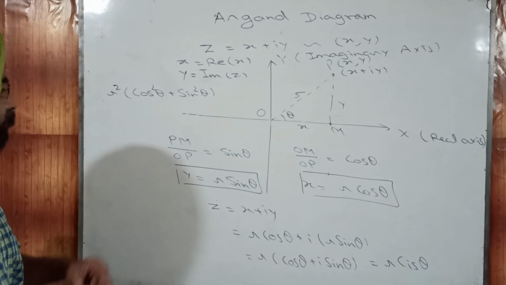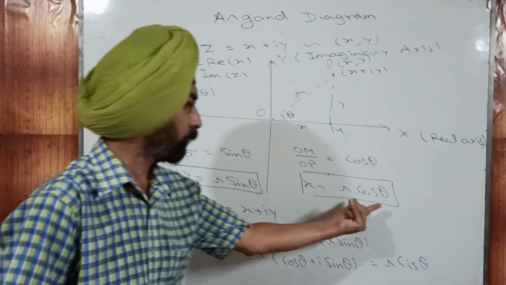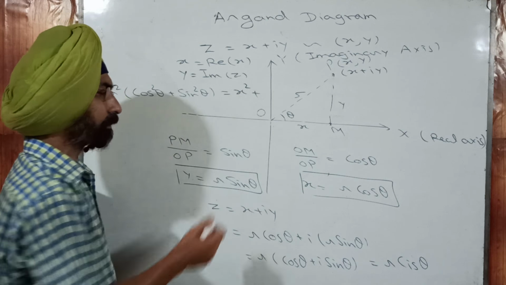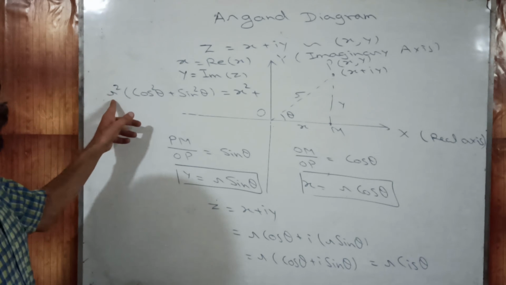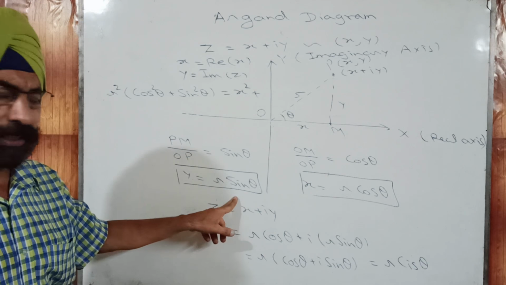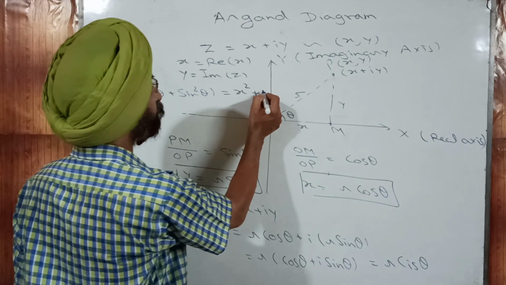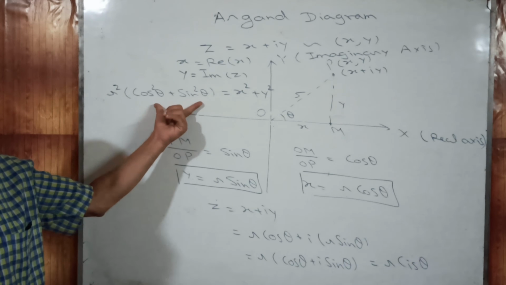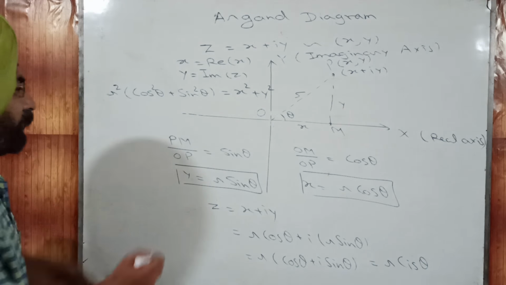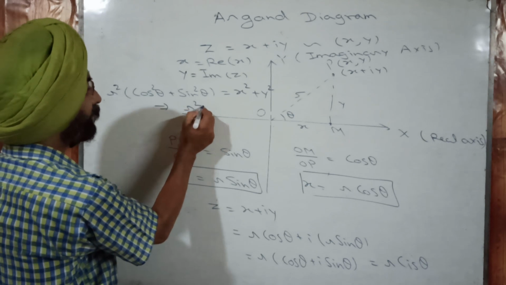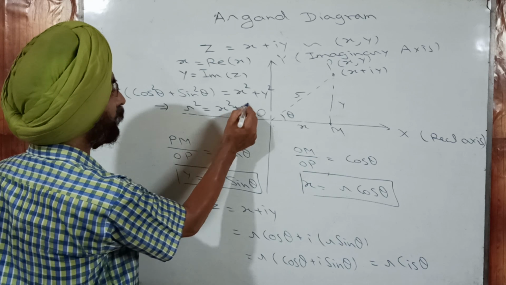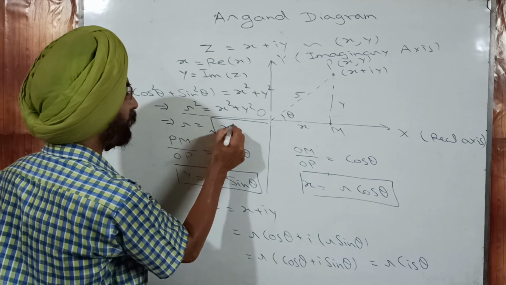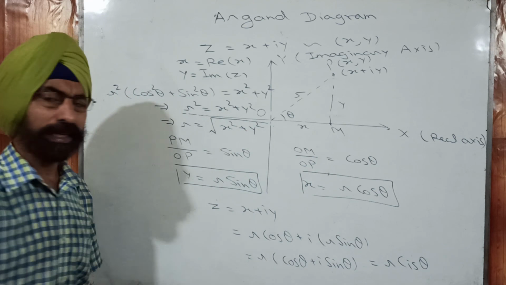That means what you are having, r square cos square theta, the square of this is x square, plus you are getting r square sine square theta, which is y square. So it is plus y square. Now cos square theta plus sine square theta we know is 1. So you are left with r square into 1, that means r square is equal to x square plus y square. This means your r is under root x square plus y square.